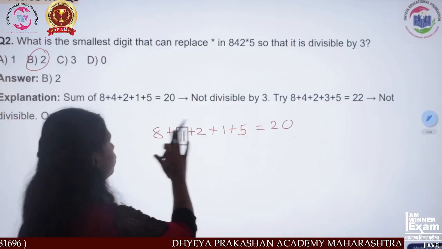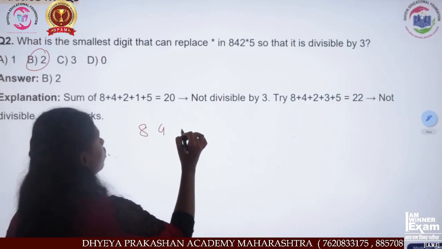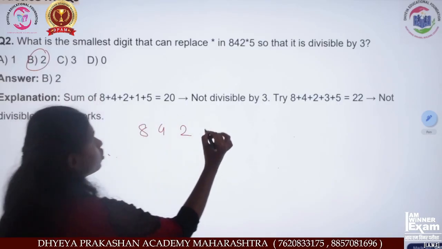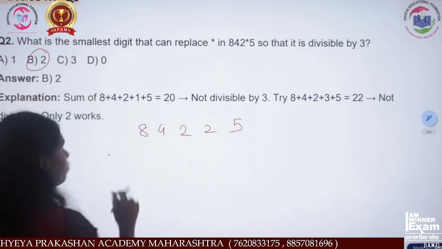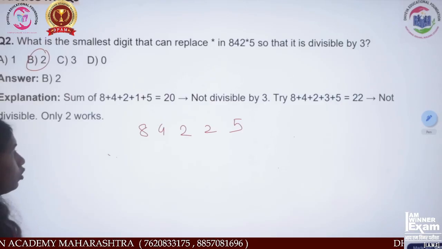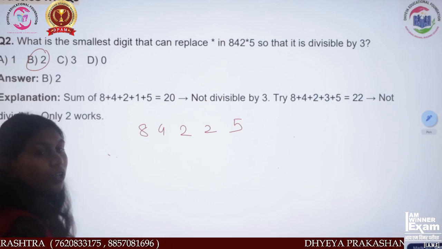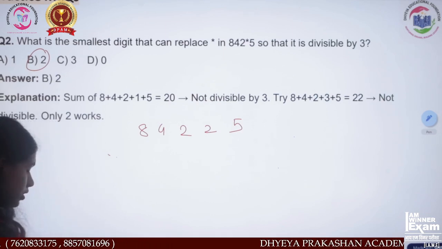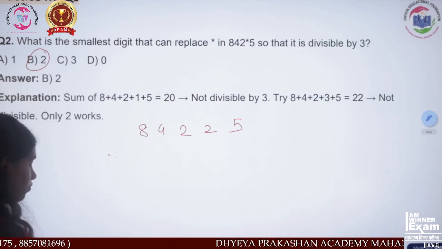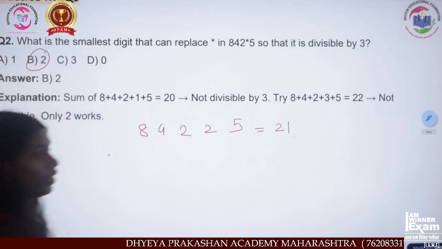So 8, 4, 2, the next number which is 2, and 5. Now 8 plus 4 is 12, 12 plus 2 is 14, 14 plus 2, you will get 16, and 16 plus 5, you will get 21.